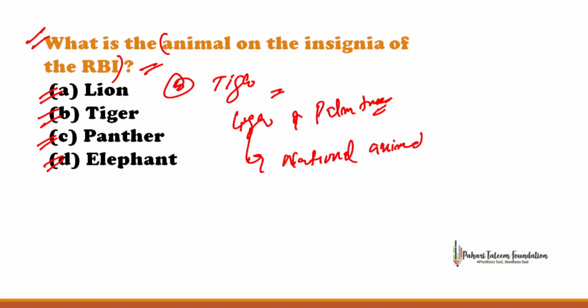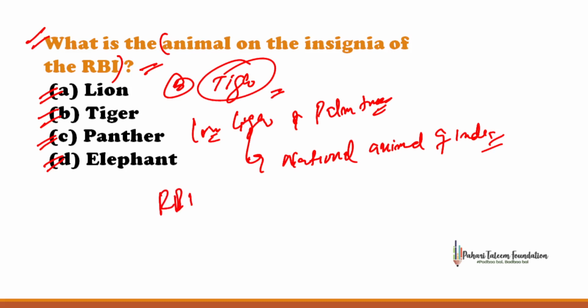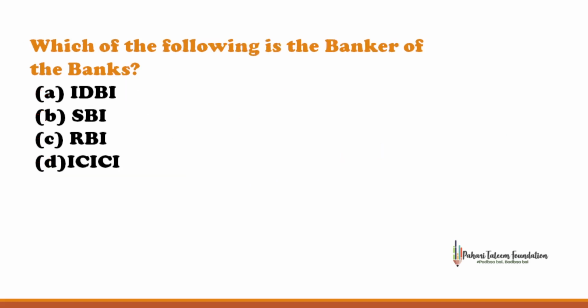That's why the insignia was changed to a tiger instead of a lion. Now some points on the RBI, the Reserve Bank of India, which was formed on 1st April 1935.